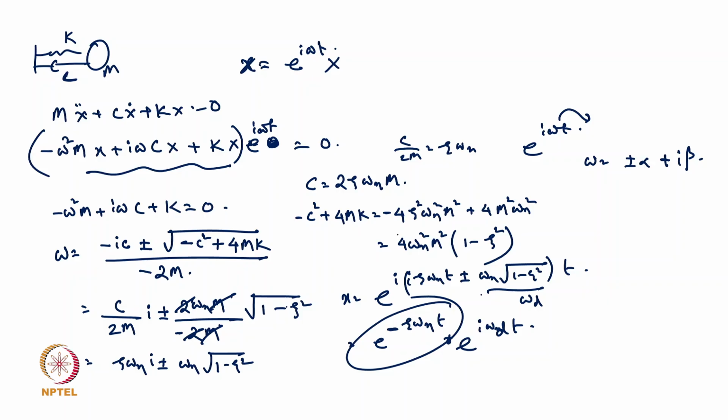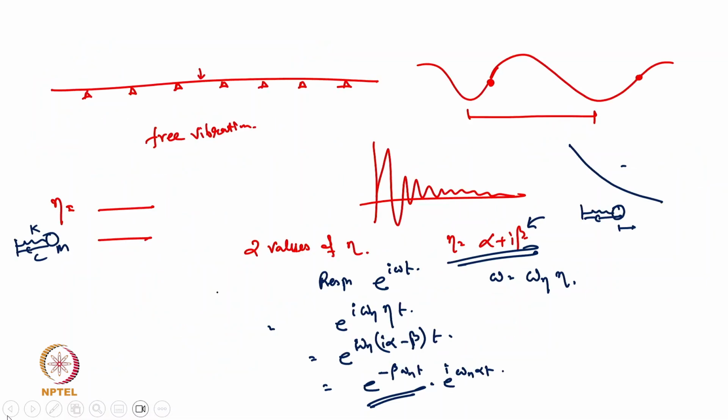In that case we can see that this beta is basically denoting my dissipation. Now here also, if we think of a similar concept, beta into omega n is showing the decaying energy. So this is nothing but our damping. So this way beta is actually showing how the dissipation of the system is happening.